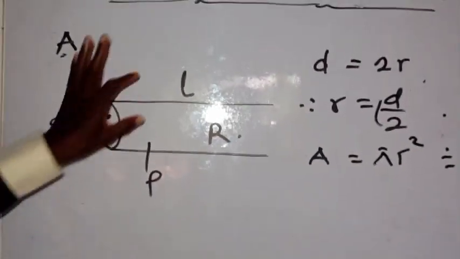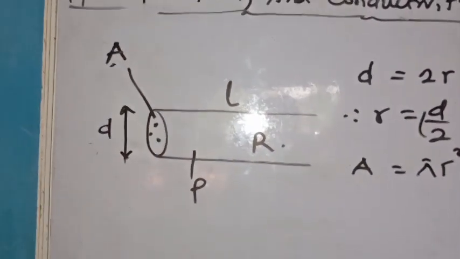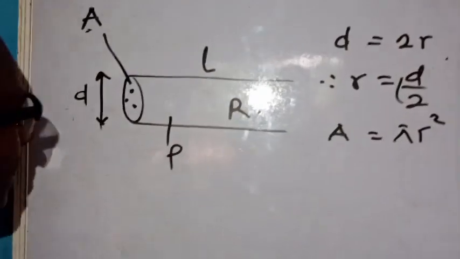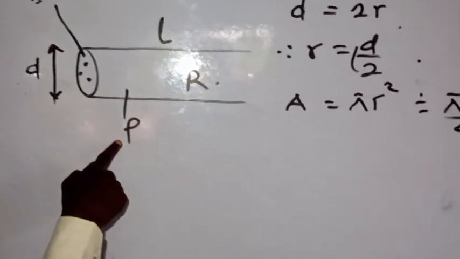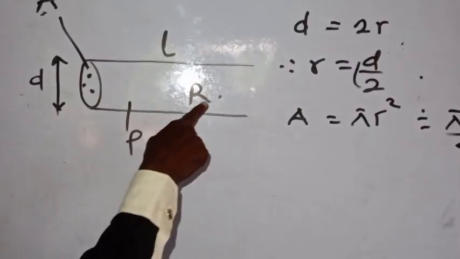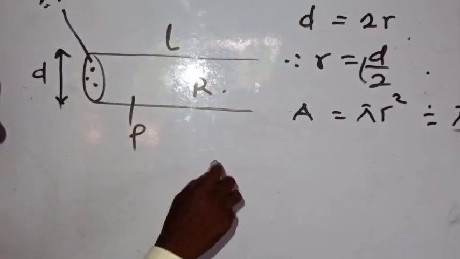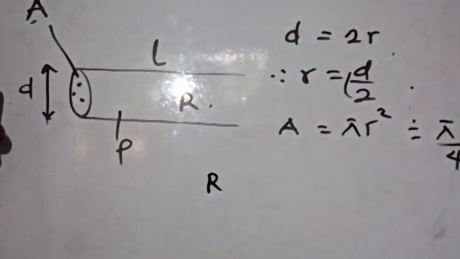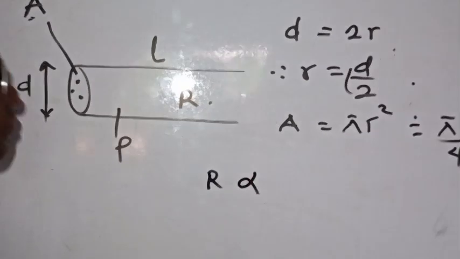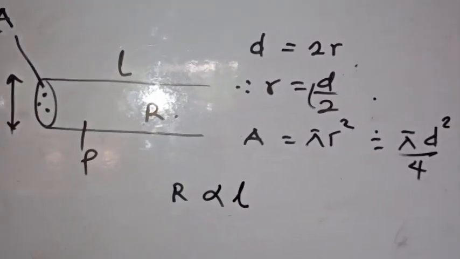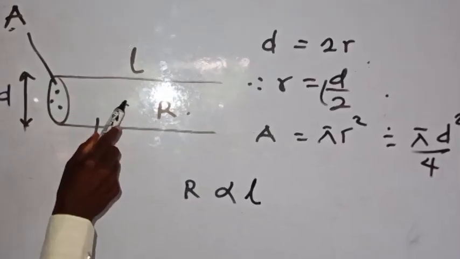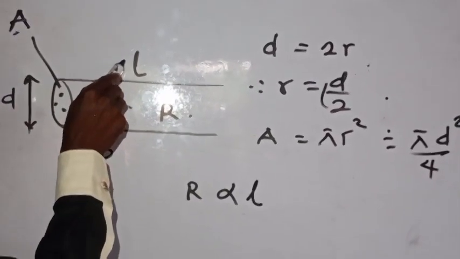But now let's come back to resistivity. What is now the resistivity? When we are looking at the resistivity here, I want you to know that the resistance of the wire varies directly as the length of the wire. Take note of that. The resistance of this wire varies directly as the length of the wire.